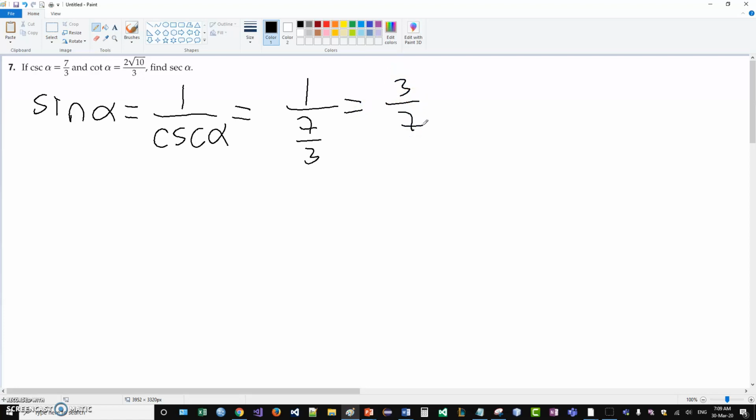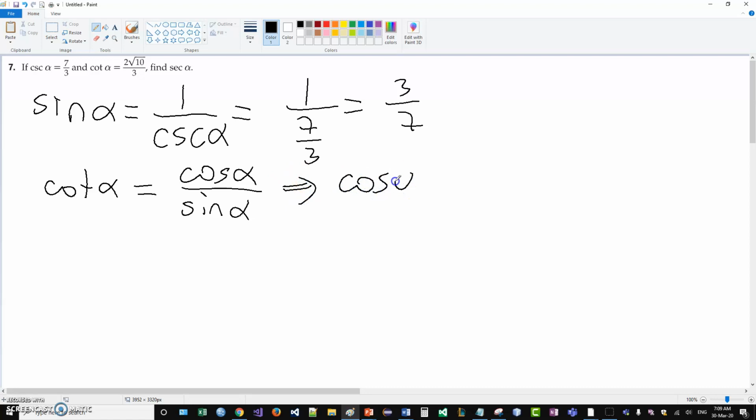So that's number 1. Now, we know cotangent alpha equals cosine alpha over sine alpha. That's the quotient identity, which means cosine alpha equals, cross multiplication, sine alpha times cotangent alpha.